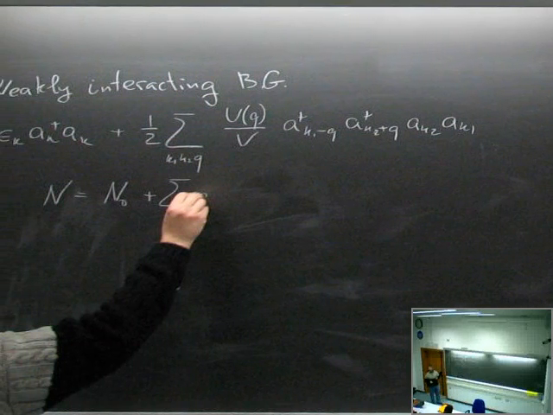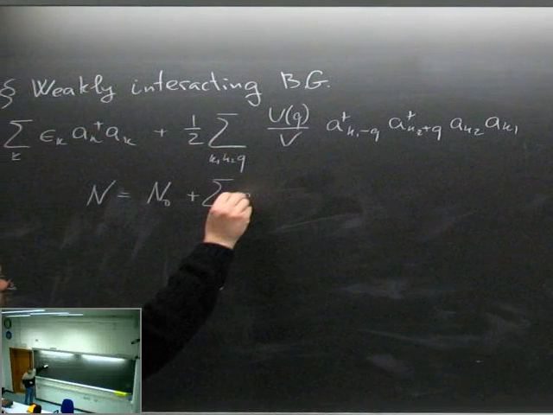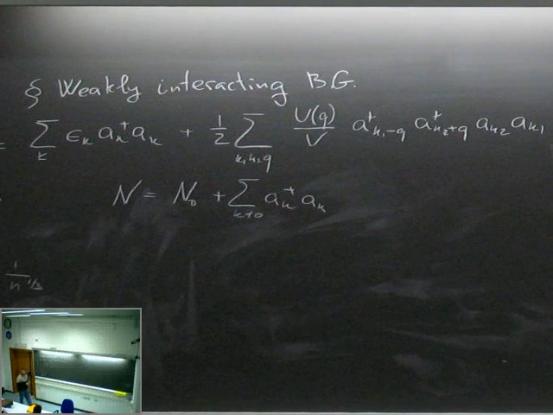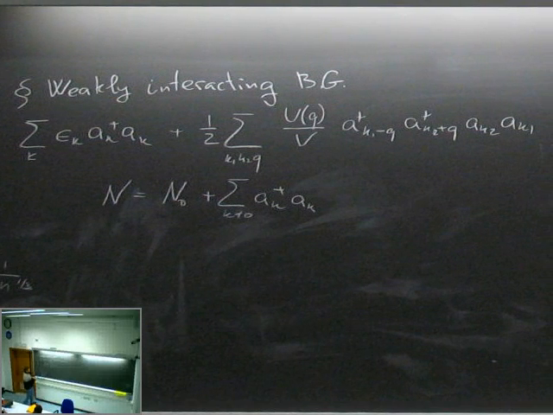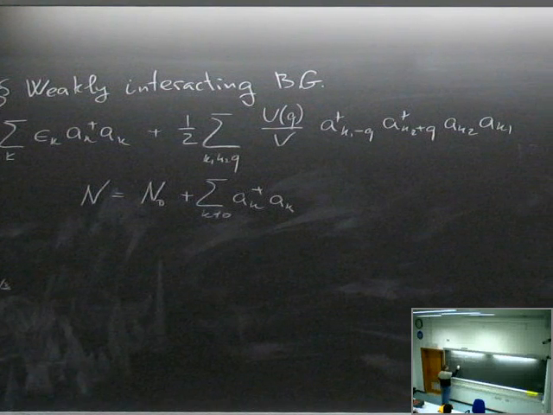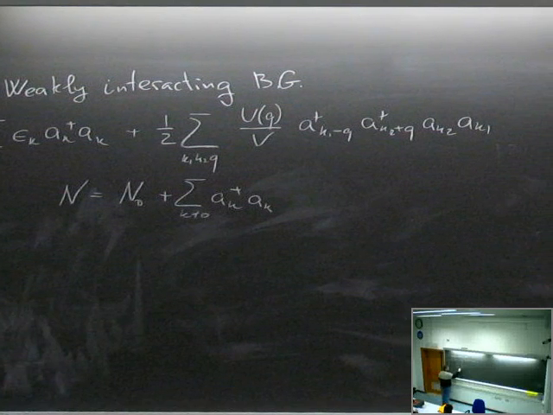We can associate the creation and annihilation operators for particles with a state characterized by zero momentum in such a way that a dagger naught is square root of n naught, and a naught is square root of n naught.